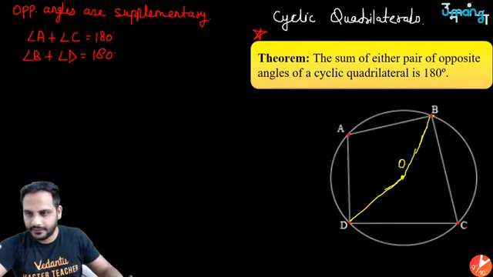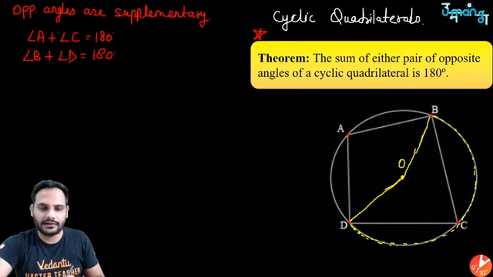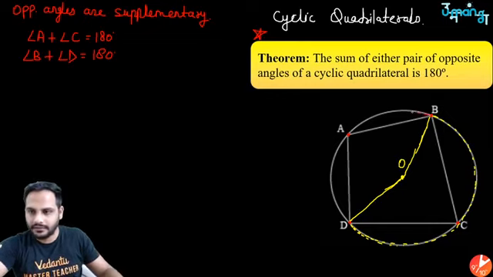This is one arc, arc BCD, and there is one more arc, arc BAD. Two arcs you can see, right?